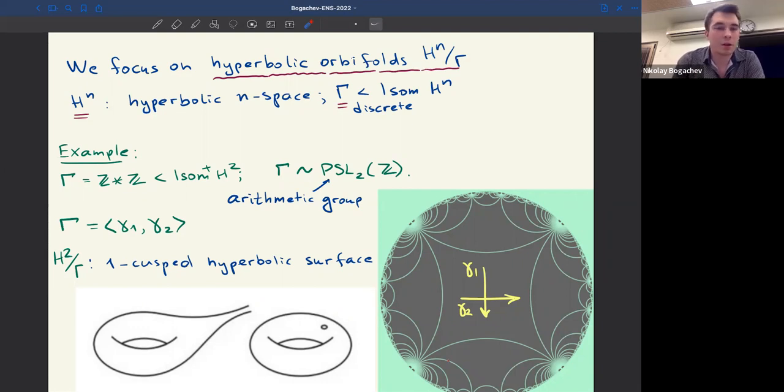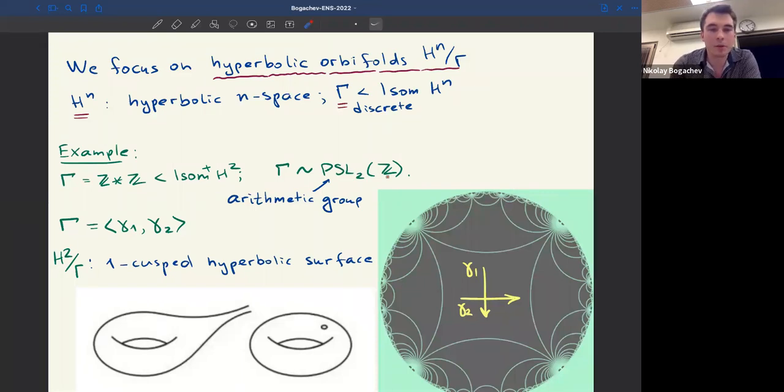And a typical example here is also a group which is kind of similar to Z squared, but it is a free product Z times Z. This is an arithmetic group, meaning it is commensurable to PSL2(Z), the integer points of the algebraic group SL2.